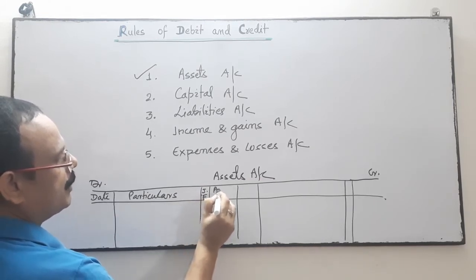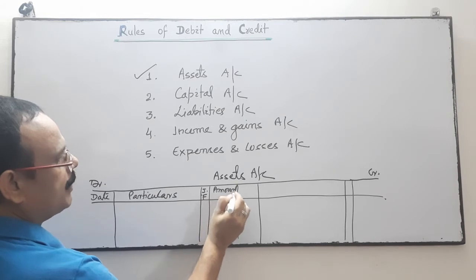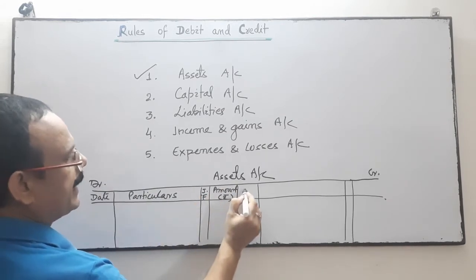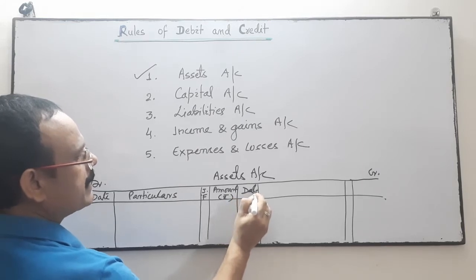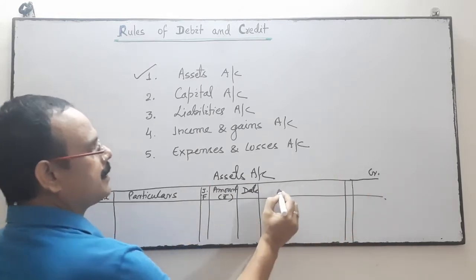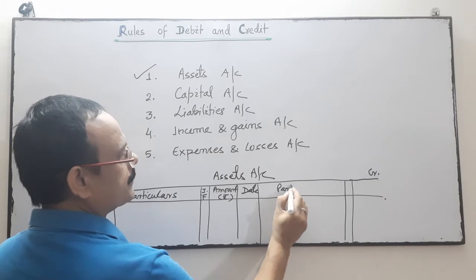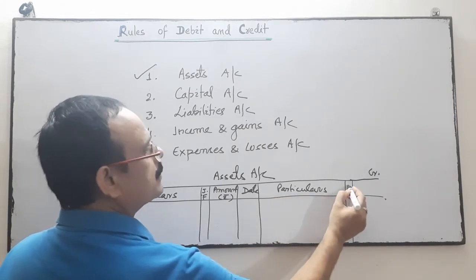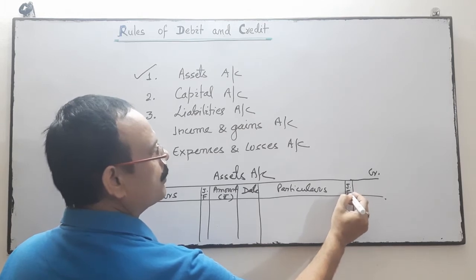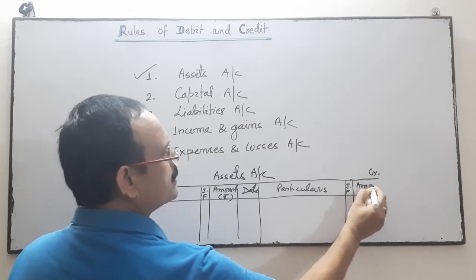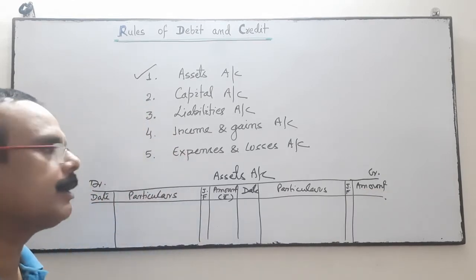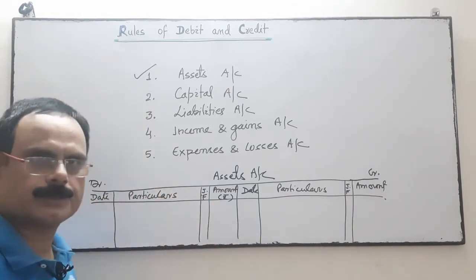This is for the amount of the debit side, which we'll write in rupees. The same thing starts on the credit side: date, particulars, journal folio and amount. This is the format of a ledger, or you can say the format of an account.